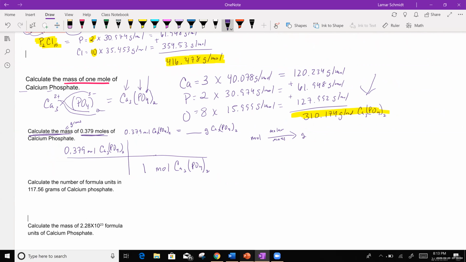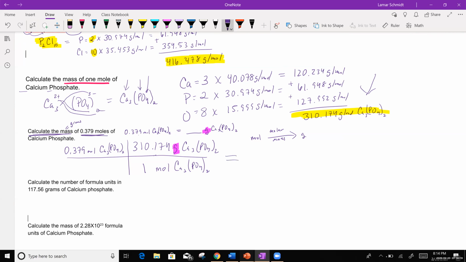That means 310.174 grams is in 1 mole. So here's 1 mole. And what is 1 mole? 310.174 grams of calcium phosphate. And notice if I'm looking for grams, and I have grams in the top portion of my bracket, I know I'm finished.